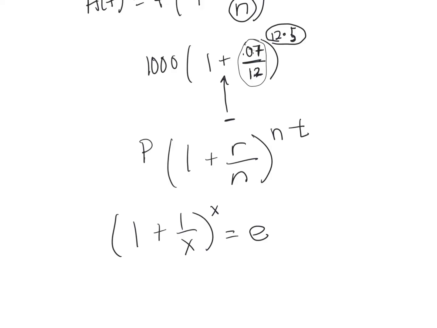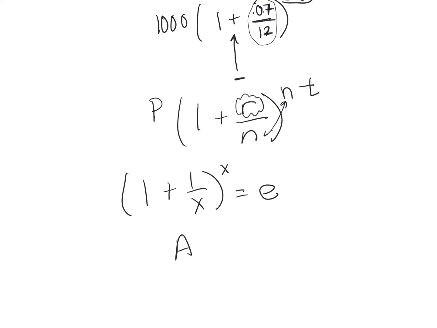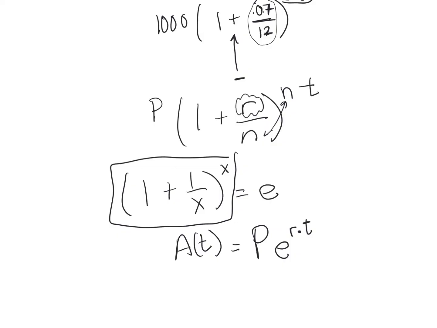So if you think of this right here as your x, then if you wanted to compound every second of every day, your formula ends up becoming, for compounded continuously, the principal you put in, times e raised to the rate times the number of years. So you essentially factor out this part as the e, and this becomes the formula that you're working with.